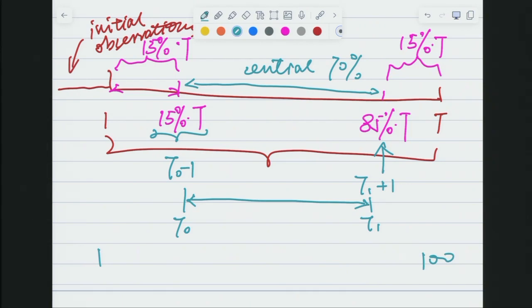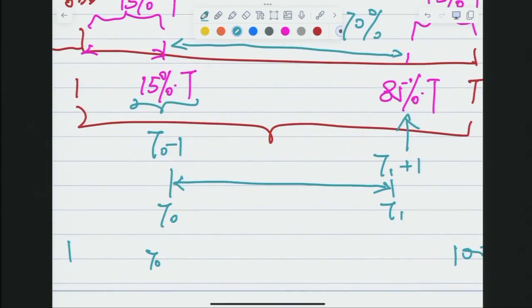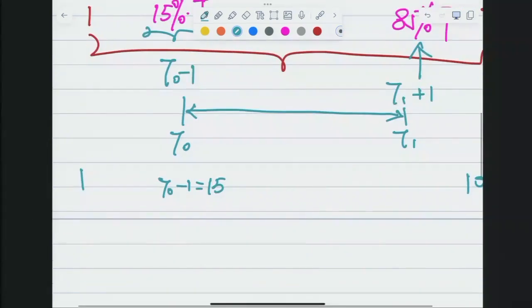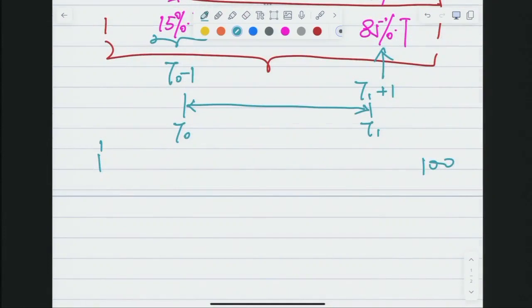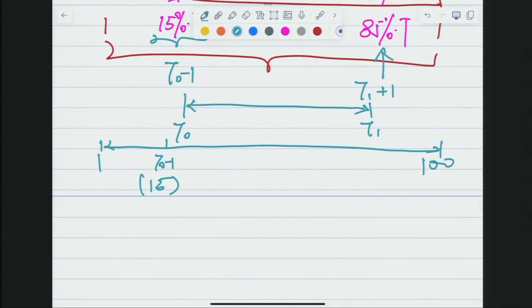Then we set aside tau naught minus 1, which is equal to 15, so the first 15 observations. We begin our search at tau naught, which is 16. We test whether at the time index that corresponds to number 16 in the data set, there is a break.